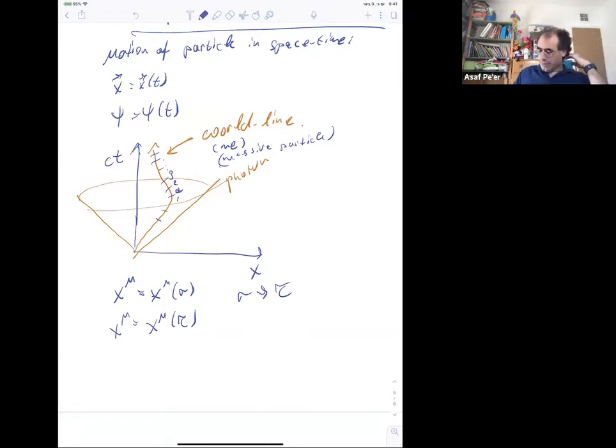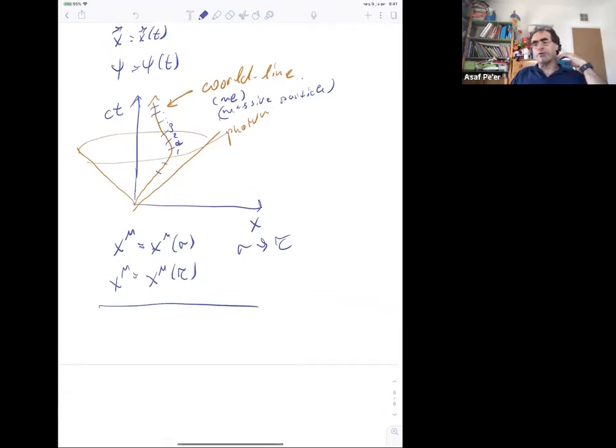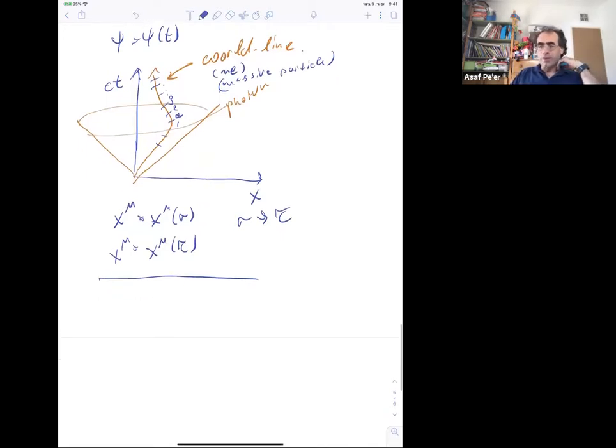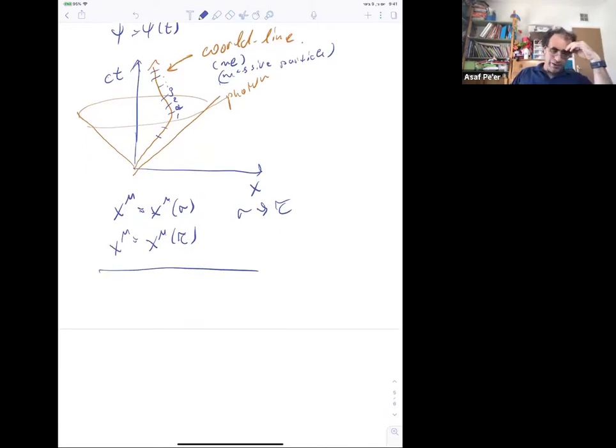Okay, now the rest is actually quite straightforward, it's just a matter of definition. So we define the four-velocity, U mu. How am I going to define it? Some clever idea?